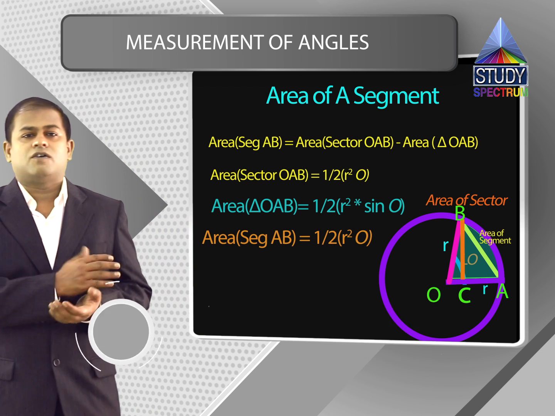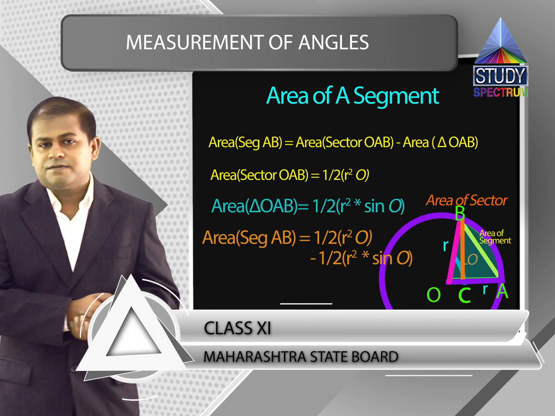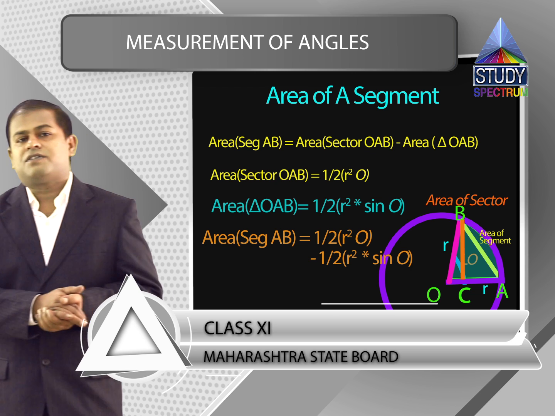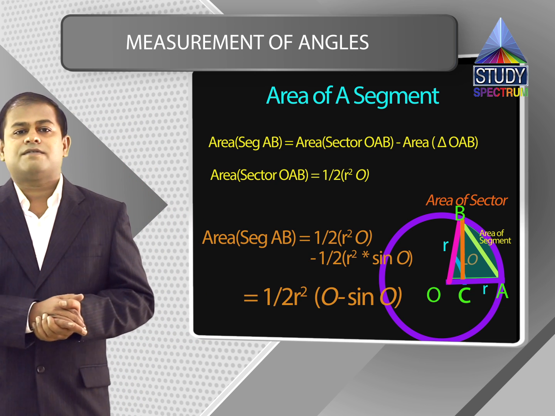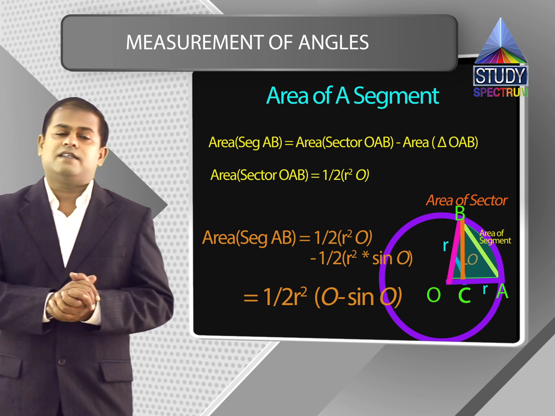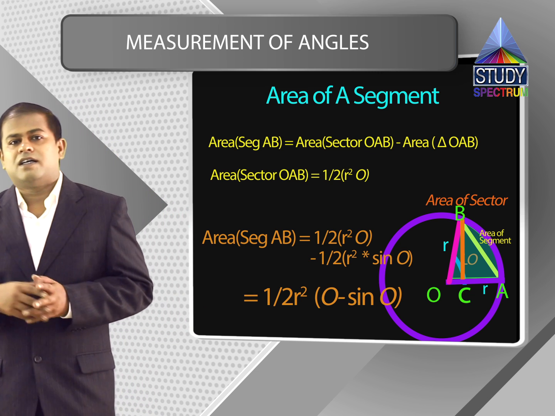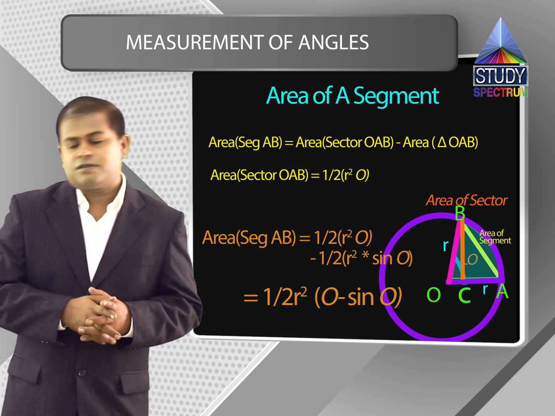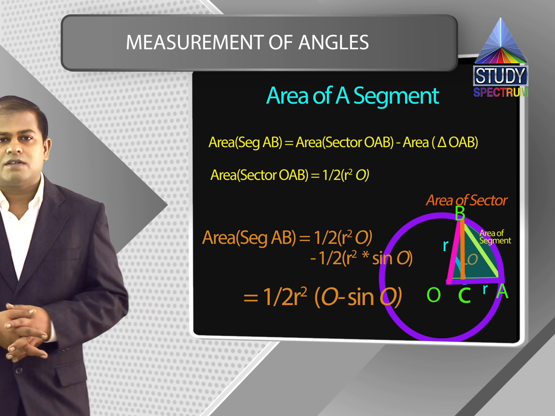Taking half R square common, we have half R square into theta minus sine theta. And let me remind you, theta here is measured in radians. So that's all in concepts. Now I'll take you to problem solving. We will solve a few problems based on the area of a segment, so as to clear the concept.